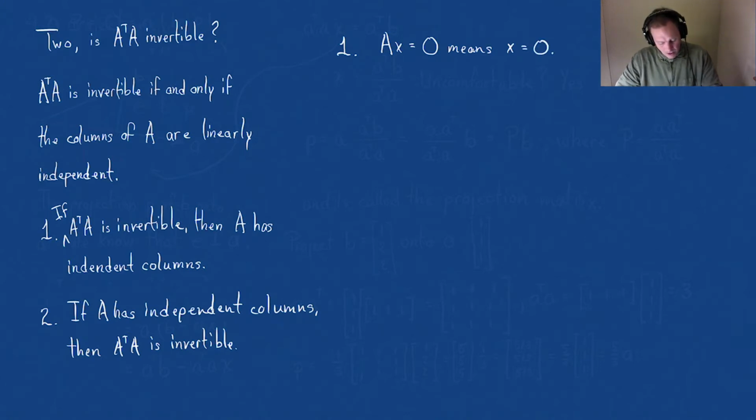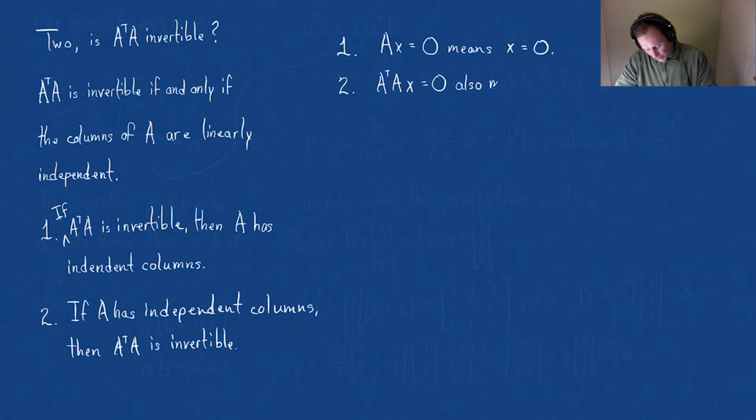And to show it's invertible, we have to show that A transpose A times X equals 0 also means X is 0 and only 0. Well, how in the world are we going to do this?